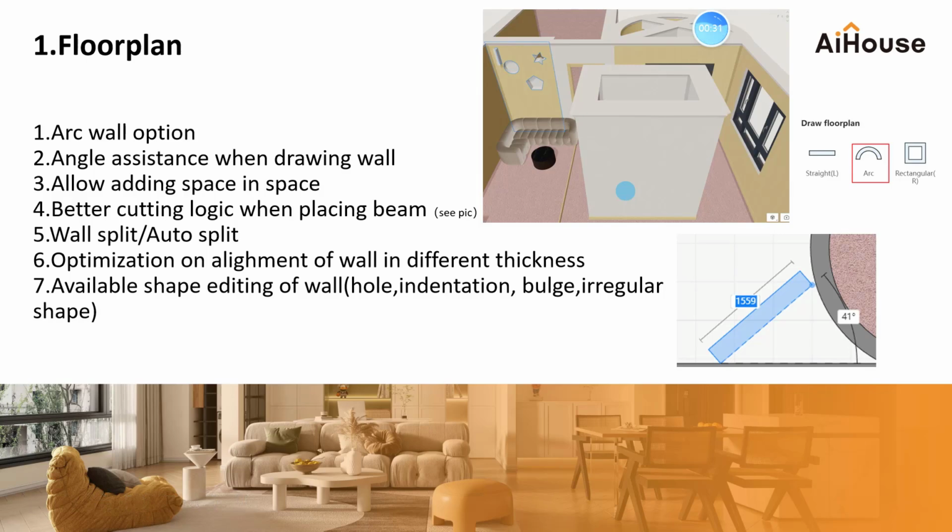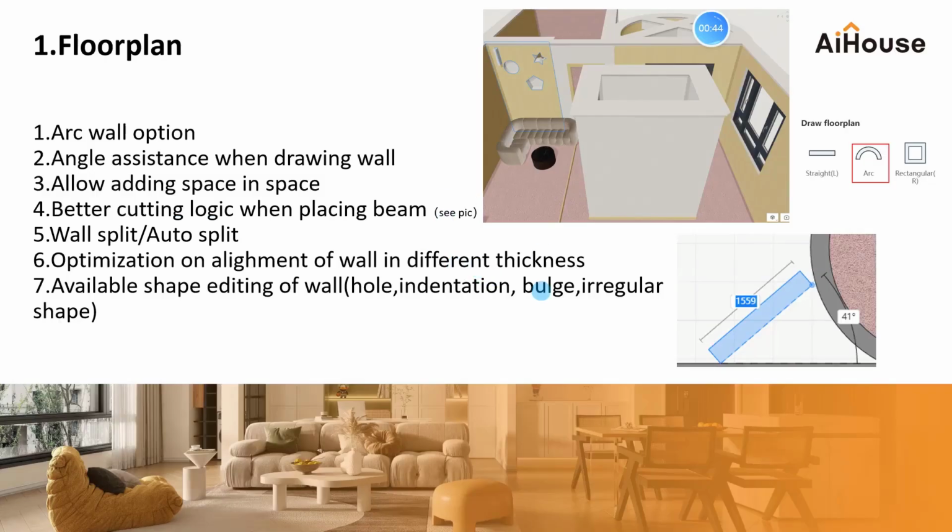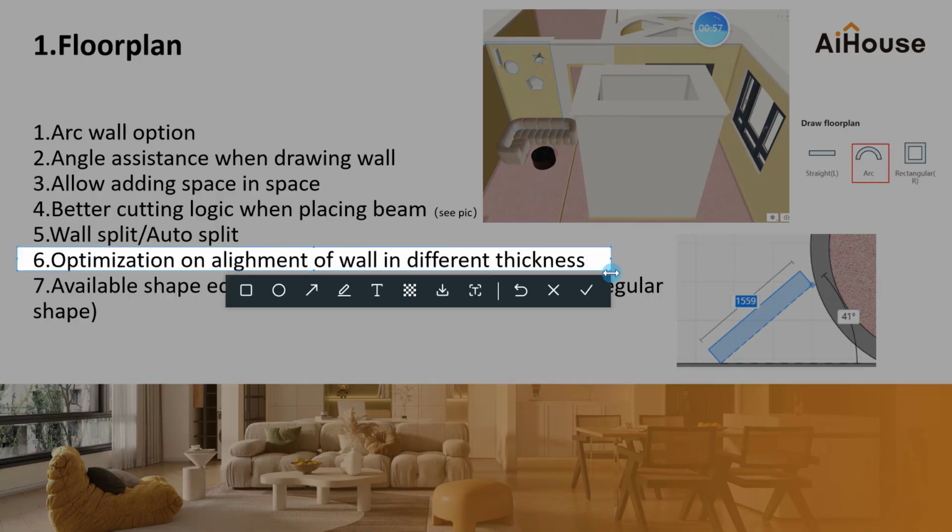Come back to the page. You can see our next functions. Yes, you can split your wall, or let the wall split automatically now. Also, you can change your wall thickness. No need to worry about the alignment, because now we have optimized the alignment of walls with different thickness.